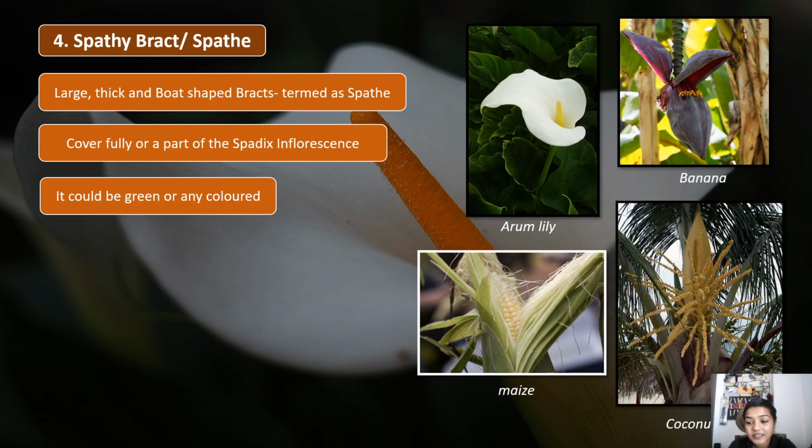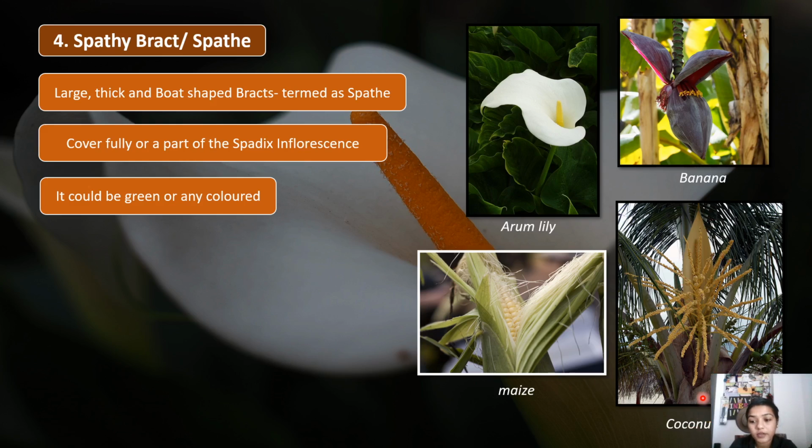Its purpose is mainly protection. And this is coconut palm. I had explained that this is a kind of inflorescence, a compound spadix. This is a compound spadix inflorescence, and the boat shaped structure behind it is a spathe bract, right? So this is a compound spadix inflorescence having a spathy bract around it, mainly for protection.